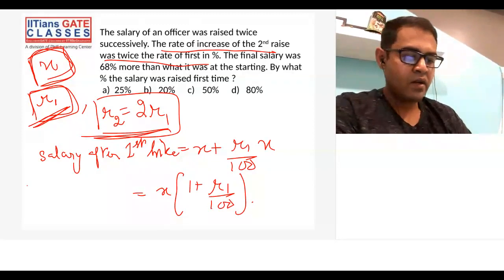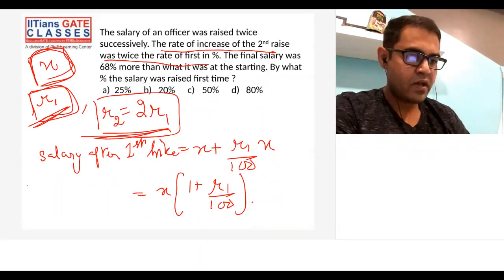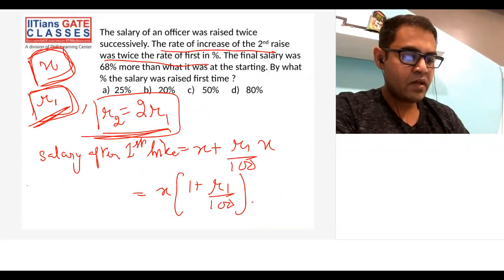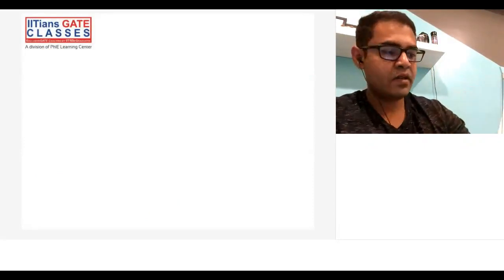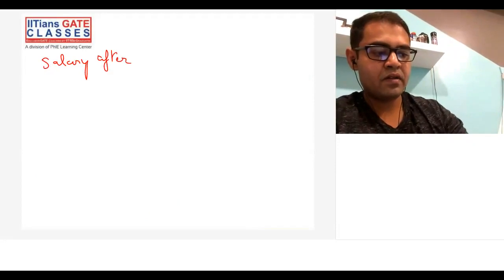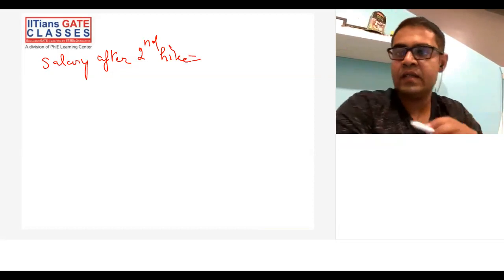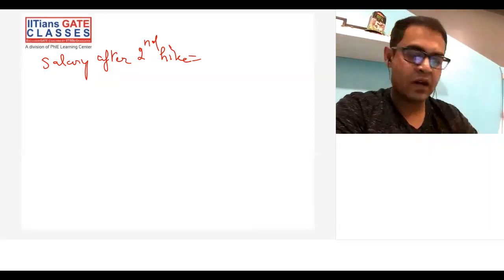All right. Now next thing what they're saying is, let me just rub this off. Okay. Next thing what they're saying is, I want to calculate salary after the second hike. Okay. So salary after second hike is what? Now see, second hike, this is the important part. Second hike will be given on the salary after first hike.